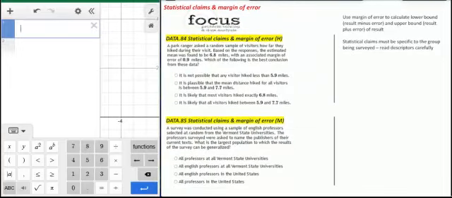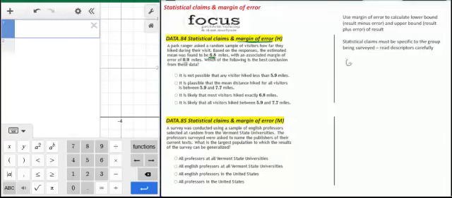Statistical claims are another place that are considered difficult, just because most students haven't spent a lot of time working with these or having them explained. But here we're given a margin of error. It says that the average, or mean, is 6.8 with a margin of error of 0.9.